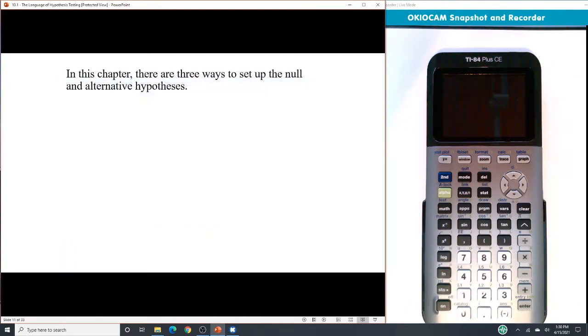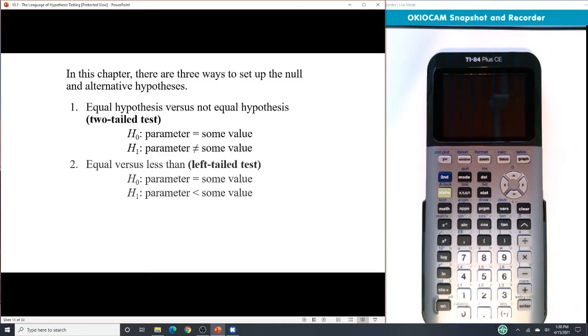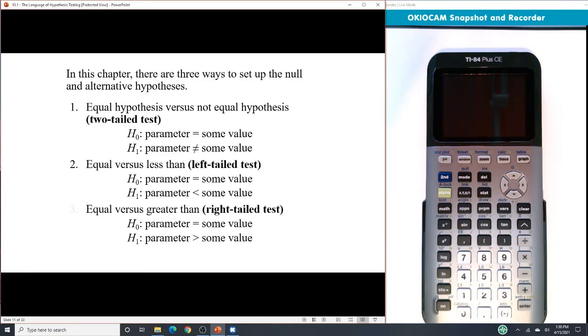All right, so there are 3 ways that we can have the null and alternative hypothesis. We can have a not equal to, which is two-tailed, because it could be either less than or greater than. We could have a less than, which is a left-tailed test. And then we could have a right-tailed test, which is greater than.